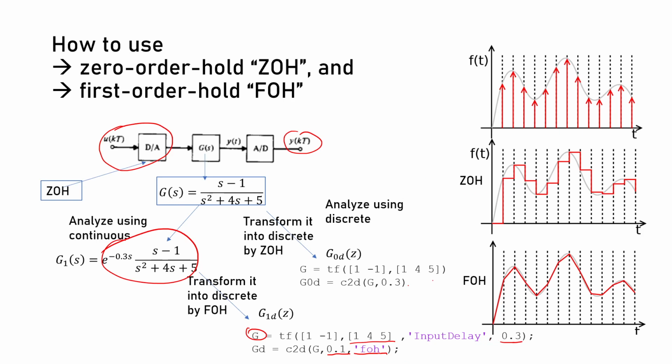And then you want to use first order hold to analyze. Or in this case, you have the effect of delay due to the zero order hold, say 0.3, and then you want to analyze using first order hold, you also use 0.3, also okay.